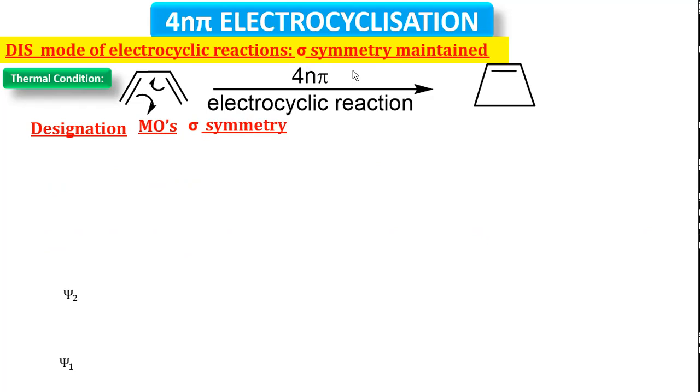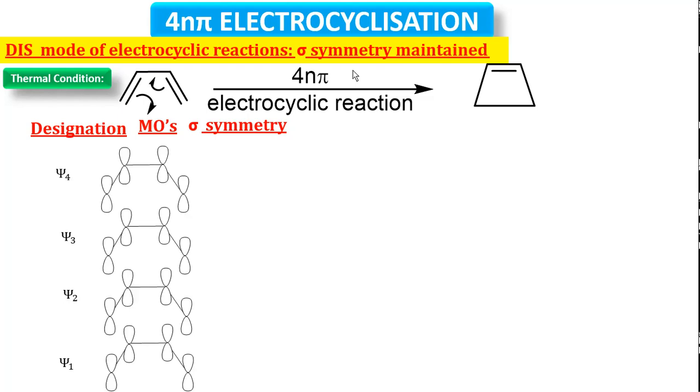Psi1, psi2, psi3, psi4. Each orbital has 4 lobes. Psi1 has 0 nodes, therefore all plus lobes come on the top side, and by default we get minus lobes below. Psi2 has 1 node, which comes at the middle of the orbital, because with an odd number of nodes it must come at the center.